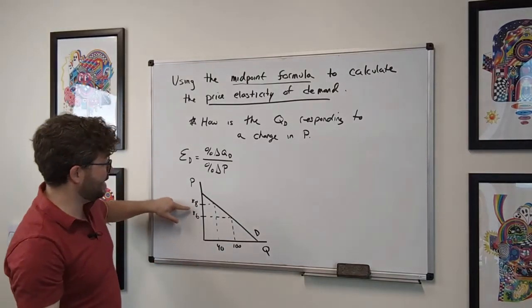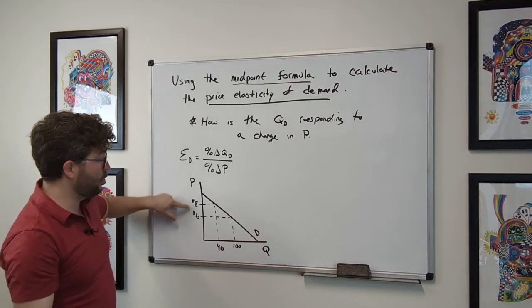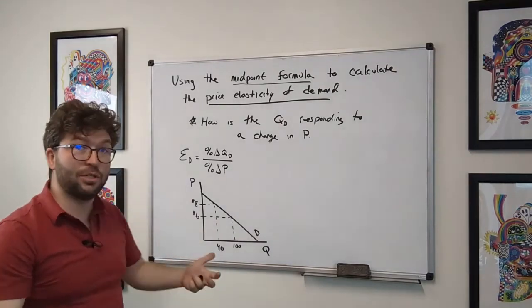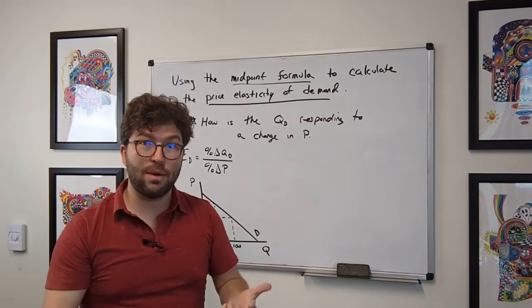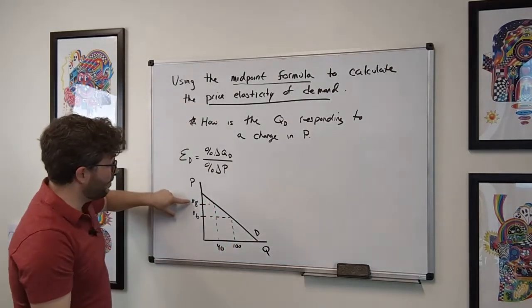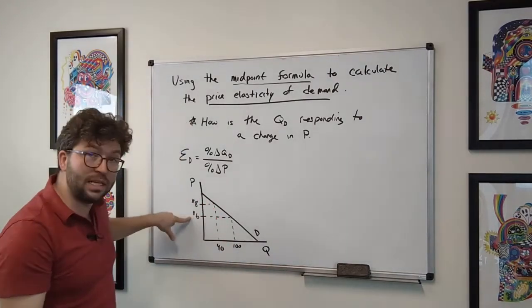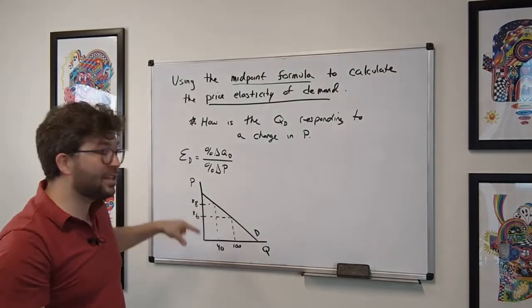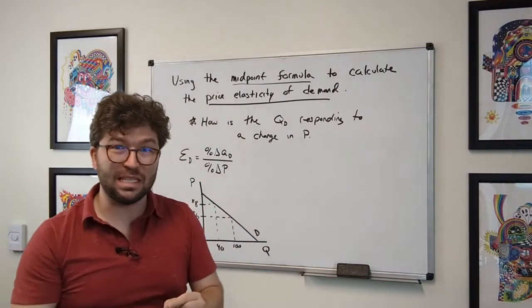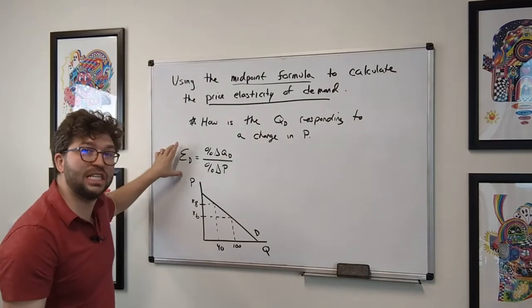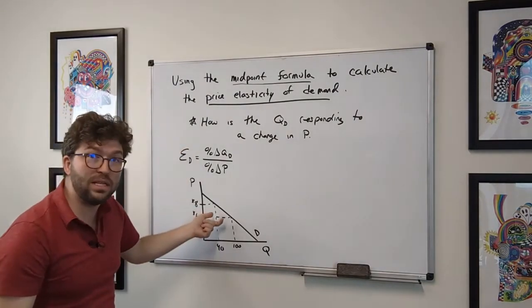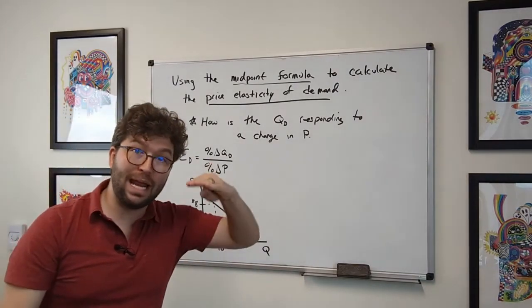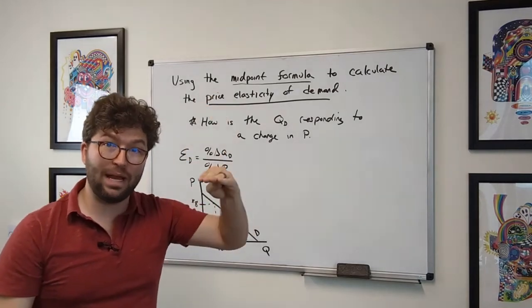If I go from 6 to 8, I'm going up by $2 based off of my 6, which is 1/3, so 33% increase. However, if I go from 8 to 6, I'm losing $2 out of 8, that's only a 25% decrease. So our original equation does not work if we're just given 2 points and we don't know if we're going from point A to point B or from point B to point A.